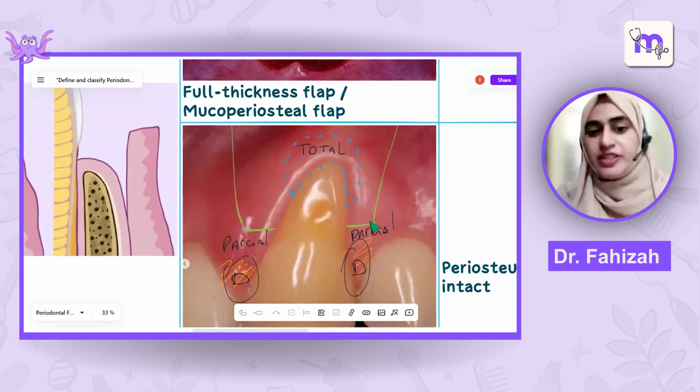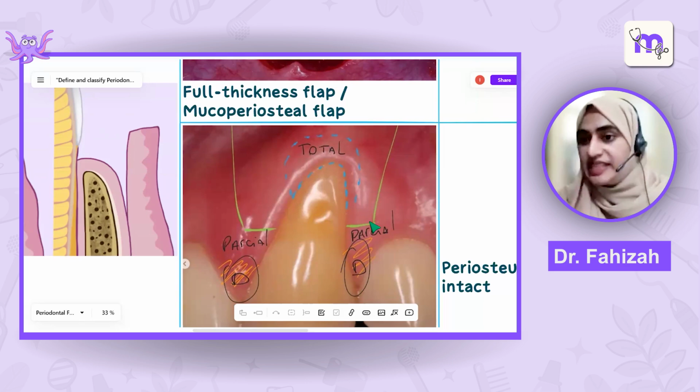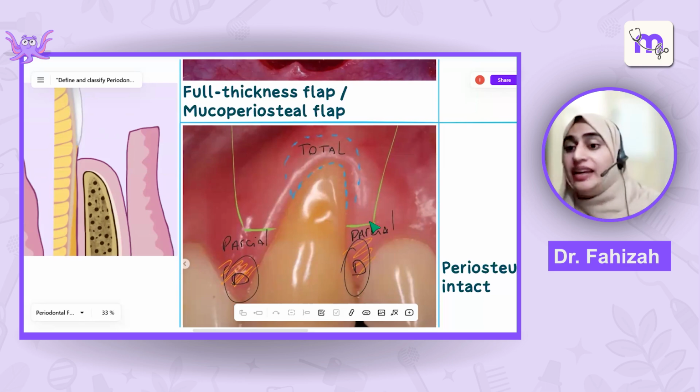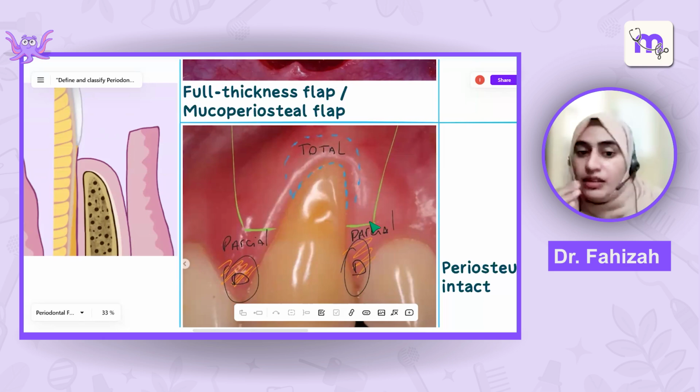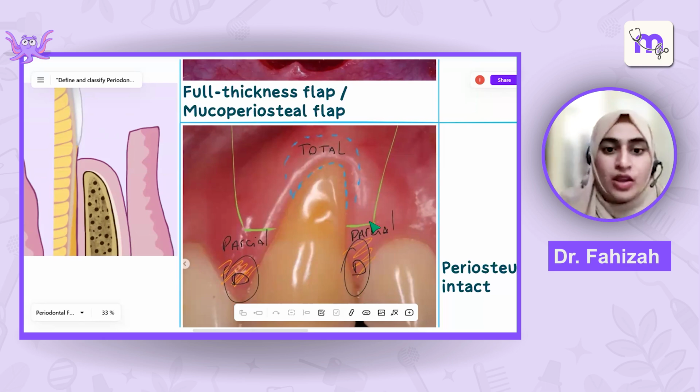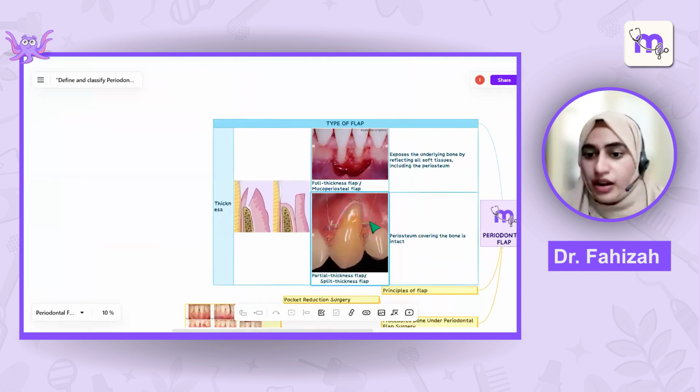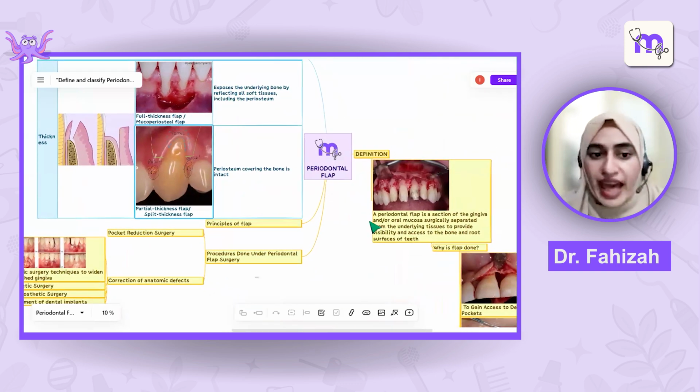And especially when you're doing these flap surgeries, you should be careful and plan it in such a way that it should not hurt any nerve or any large blood vessels. Imagine a large palatine blood vessel is there. You can't plan your flap on those regions. So these are the requirements of a periodontal flap.